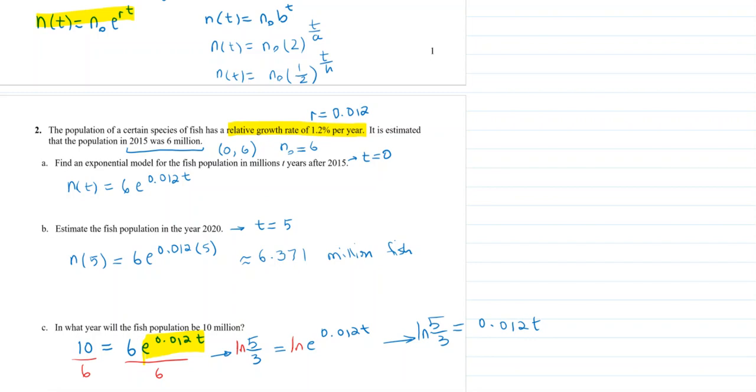To get t by itself, we'll just divide both sides by 0.012, and put this in the calculator to get an approximation. Looks like we get about 42.6, and the units for the t were years.